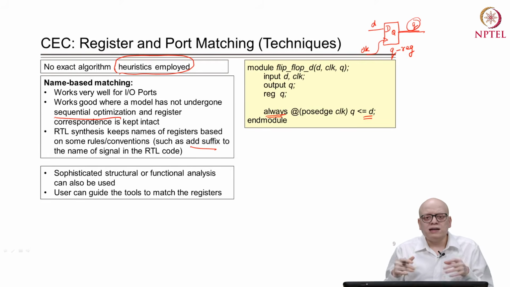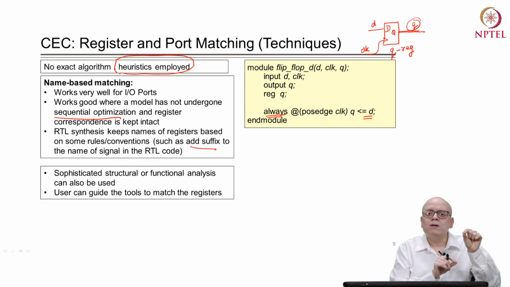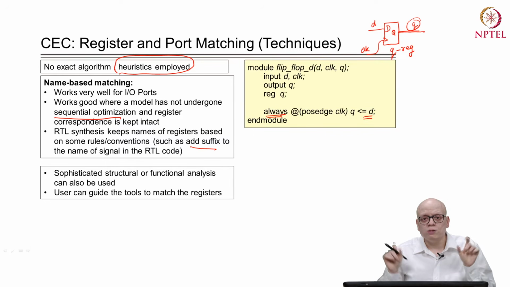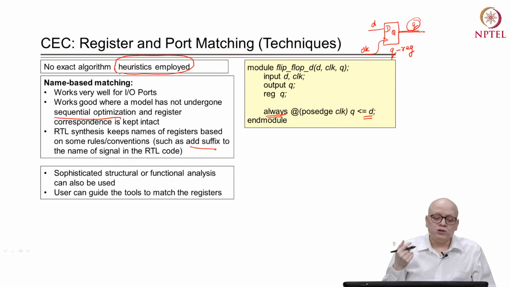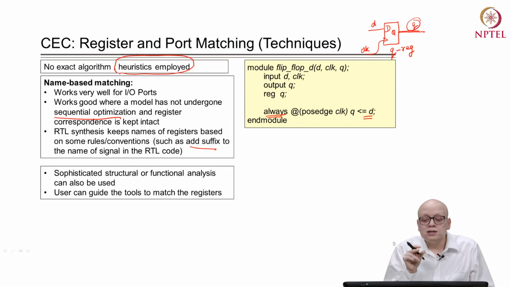We can give a regular expression also, and there are better ways in which we can specify that this flip flop in one model corresponds to this flip flop in the other model. So, when the tool is not able to establish the register and port correspondence, then we can directly instruct the tool that the matching is based in a given manner that we know, right.